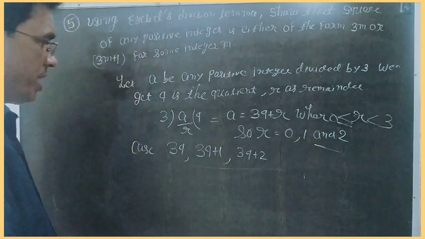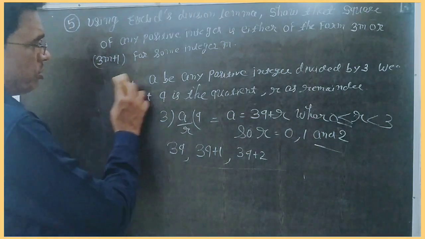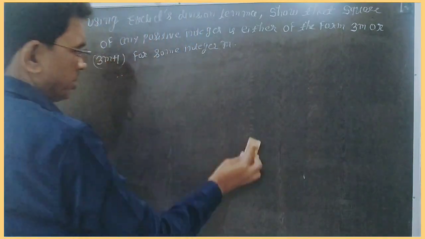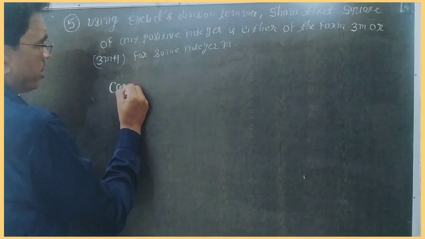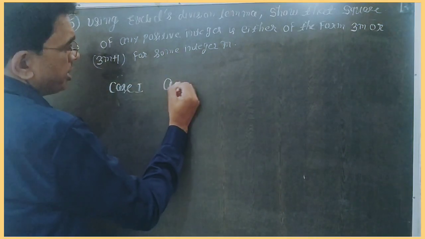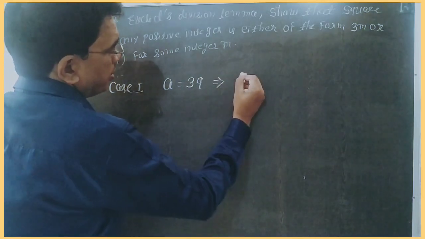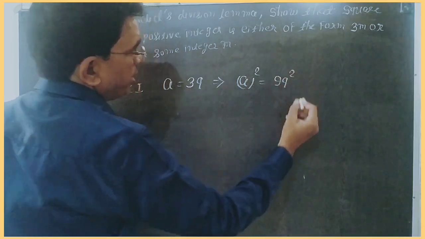Now your question, when squaring it, there are 3 conditions, and you find out squaring one by one, 3 times. So first is 3q. First you write a is equal to 3q. When you are squaring, then you get a square, then it is 9q square.